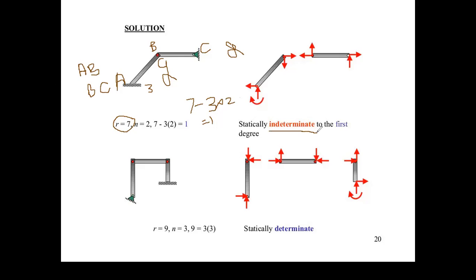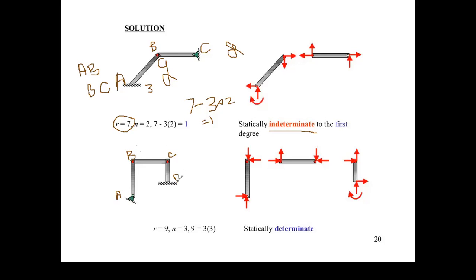So again, we have the same kind of example. Here the fixed support is there. Let's designate: this is A, this is B, this is C, and this is D. How many members are there?